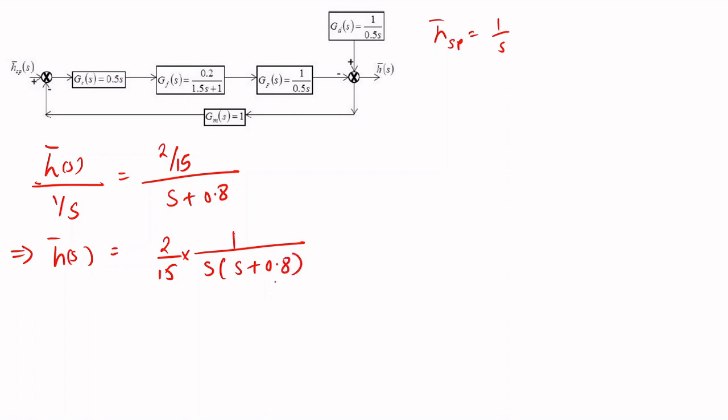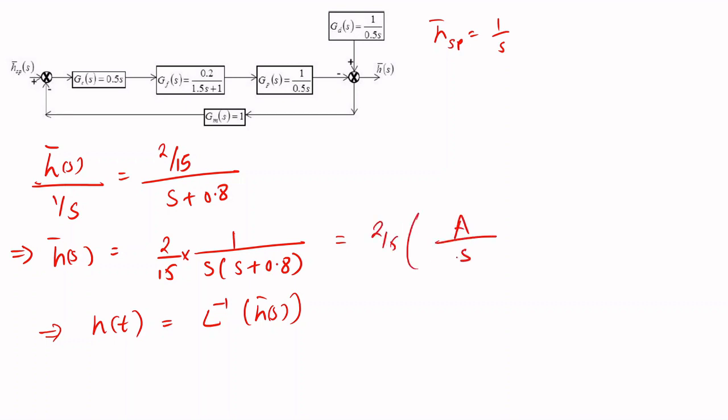Now to convert this into the time domain, we need to take the inverse Laplace of this term, L inverse of h bar of s. For that we need to simplify this equation into partial fractions. We can write this as 2/15 into (A upon s plus B upon s plus 0.8).